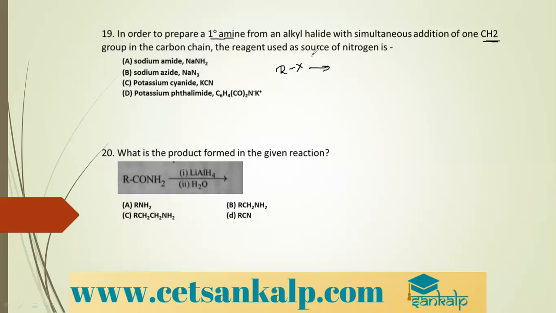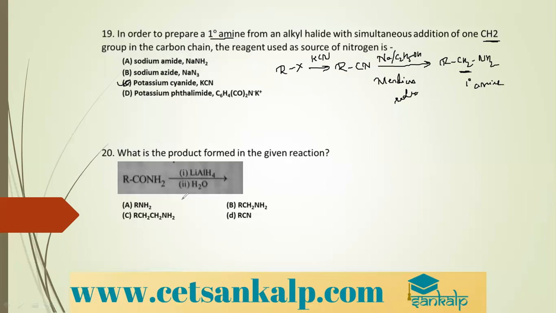KCN. When I use KCN, I will get RCN, cyanide. On further reduction, do you remember this reduction? Mendius reduction. Cyanides when treated with sodium in ethyl alcohol give RCH2NH2. So look here, one CH2 group is added in the chain and I have got primary amine. So what is the correct option? It is potassium cyanide.